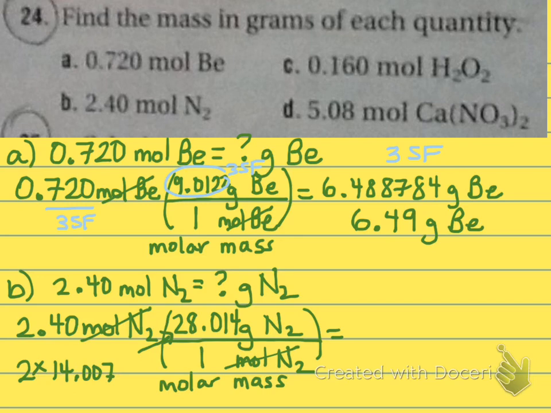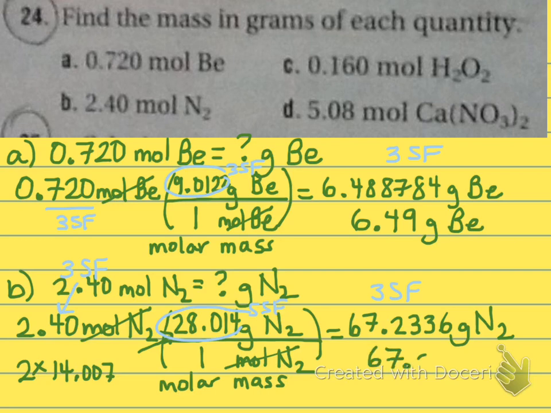So times 2.40, and my calculator gives me 67.2336 grams of nitrogen. I have 3 significant figures here, and the way I wrote the molar mass it was 5 significant figures, so I need to have 3 significant figures in my answer. My answer with 3 significant figures should be reported as 67.2 grams of nitrogen.